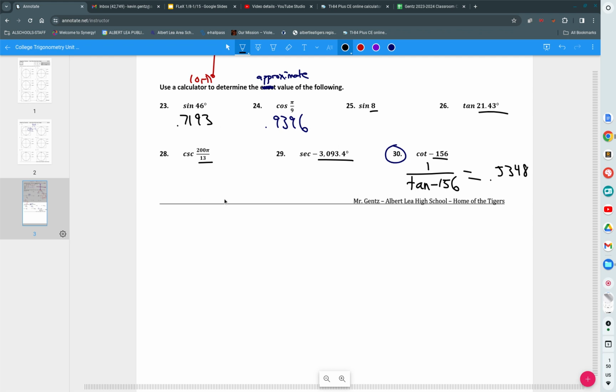This one? No. Oh, you're looking for what are reciprocals of each other. I got it.